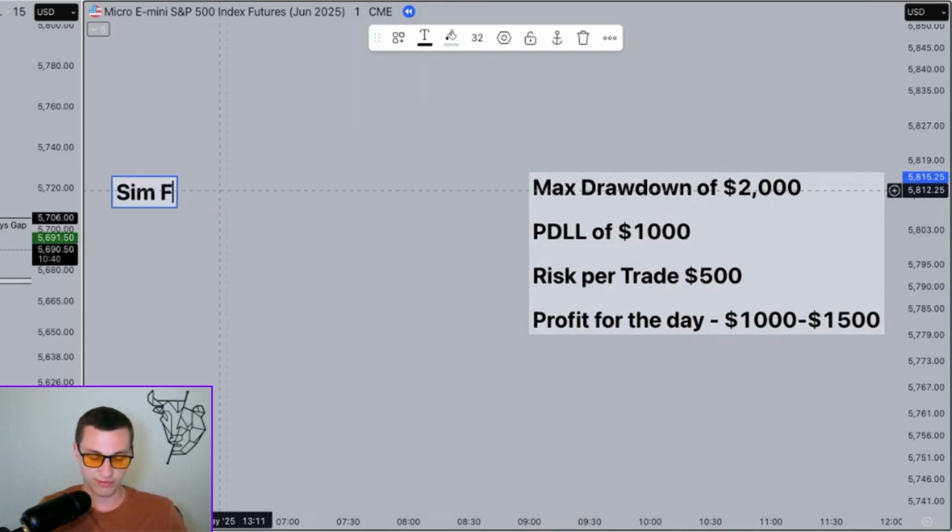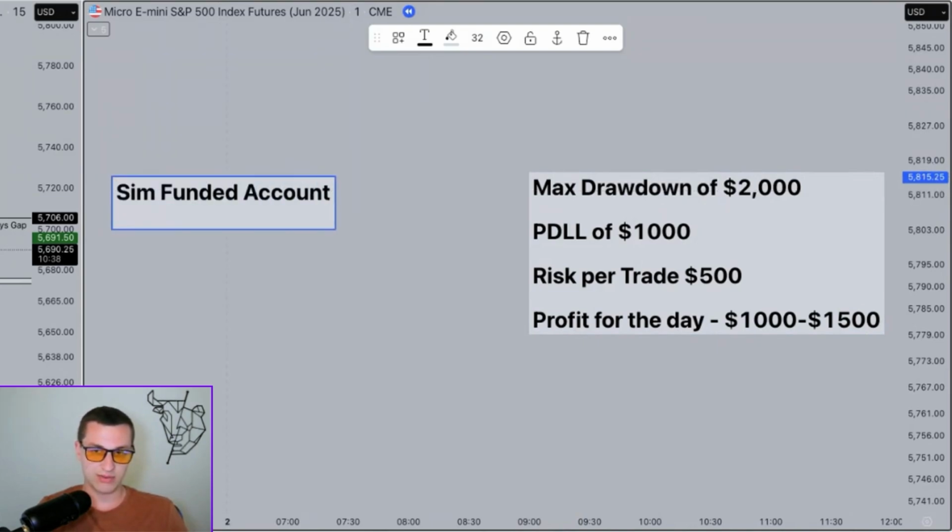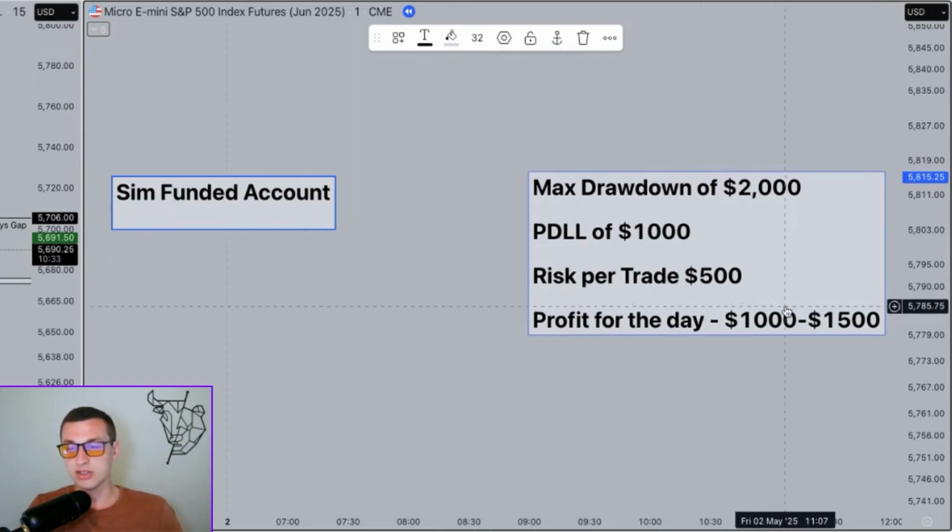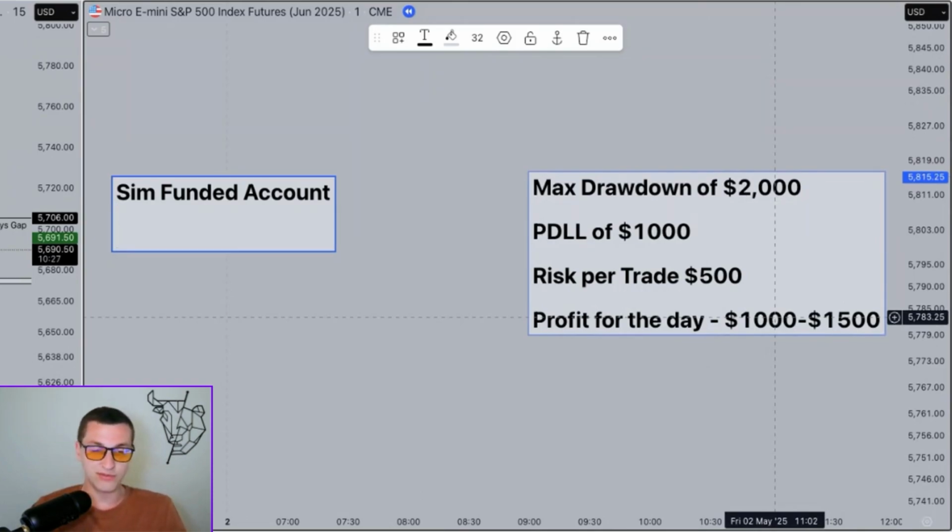Now, for a sim funded account, here's what I recommend. You don't have a profit target, and you're going to make your payout target in 2 to 3 days if you stay consistent. With the sim funded account, you have a 20% consistency rule.